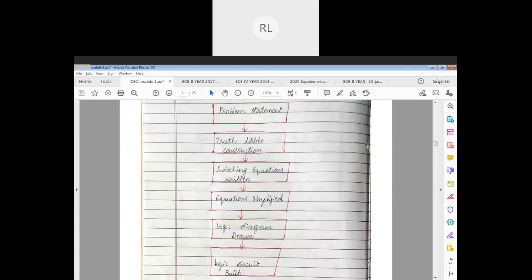So this was the flow chart that I was about to start.